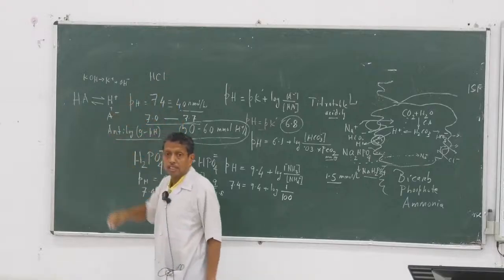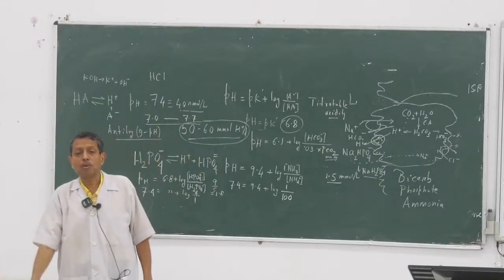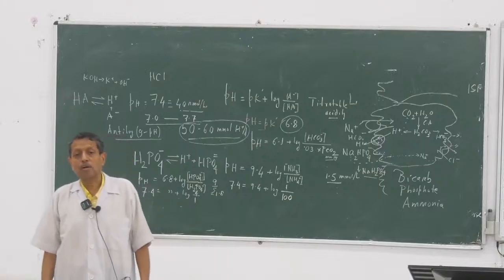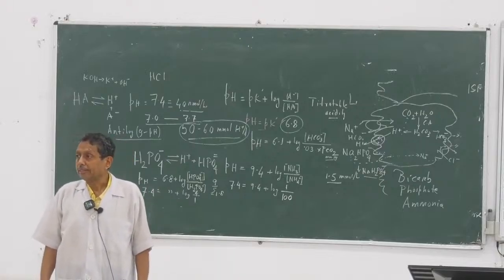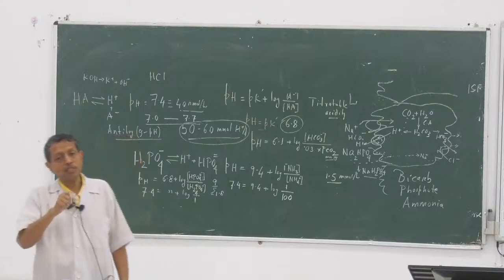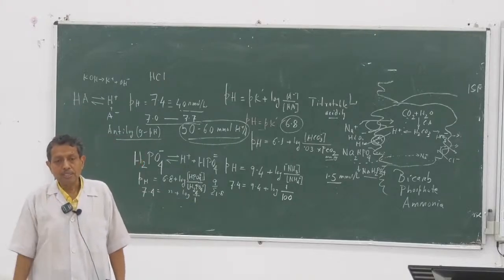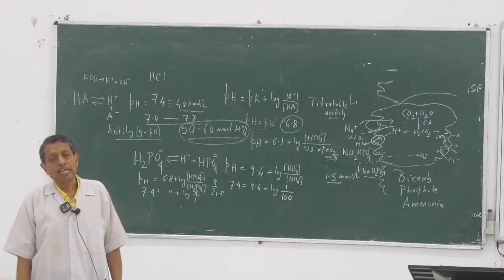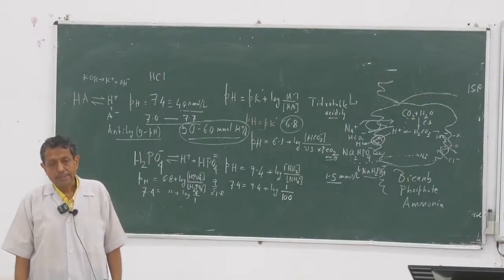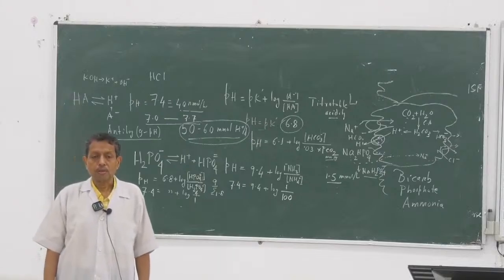It is possible if an individual takes ammonium chloride or calcium chloride by mouth. That is equivalent to adding acid within the body, and this acid will react with, suppose, bicarbonate anion, bicarbonate process, it is converted into sodium bicarbonate, and so on.